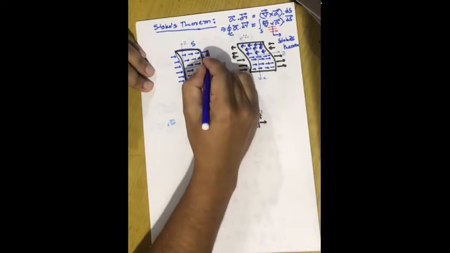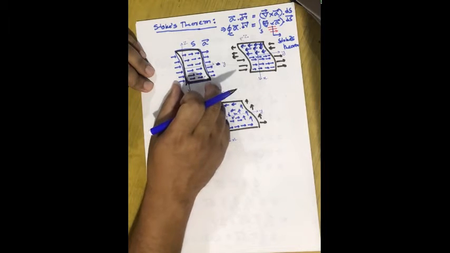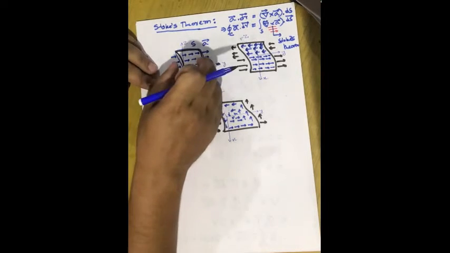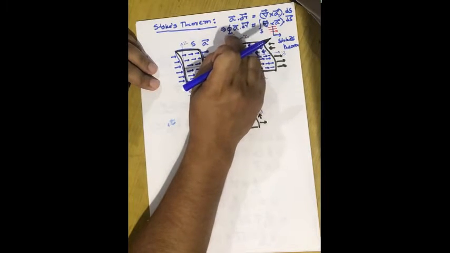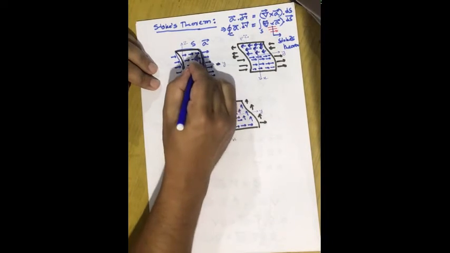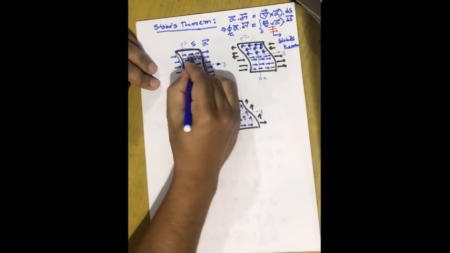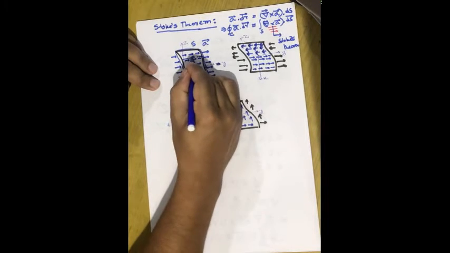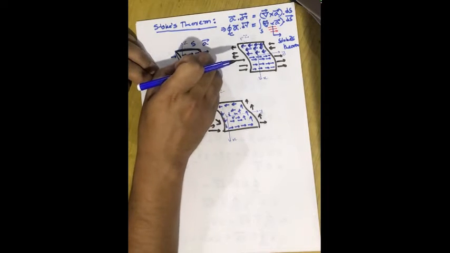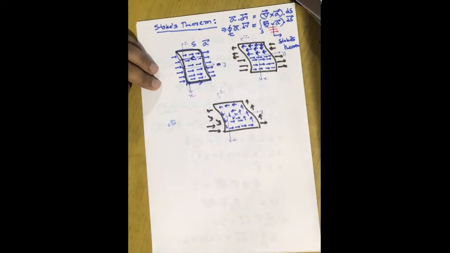Suppose this is a vector field A. The vector field A passes through that surface element S, and we have chosen the line integral along this closed loop. So for this surface we can obviously apply the Stokes theorem. But if our line path, for example, does not enclose the surface, say we have chosen a path like this, then this closed loop does not cover the entire surface, so the Stokes theorem will not be valid.